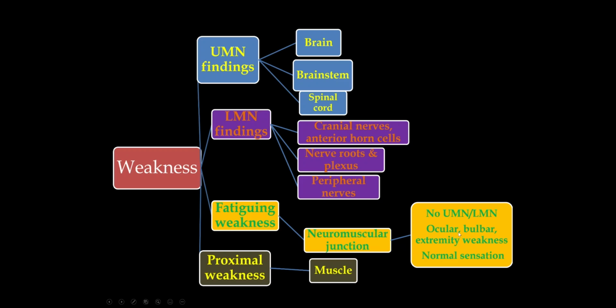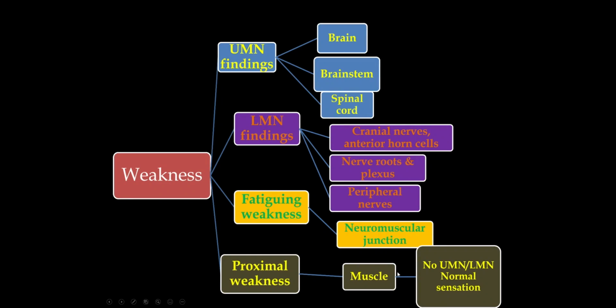Again, think myasthenia gravis or Lambert-Eaton syndrome or botulism. Patients certainly do frequently have extremity weakness as well, but the ocular and bulbar tends to be quite prominent. Someone with a neuromuscular junction problem like myasthenia will often come in initially with some ocular problems like a ptosis.